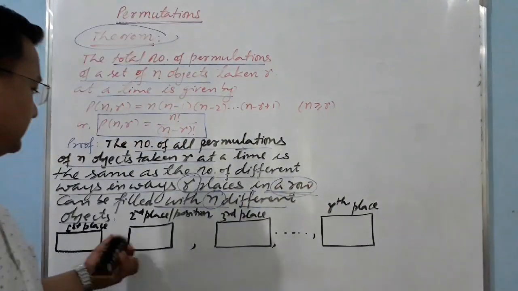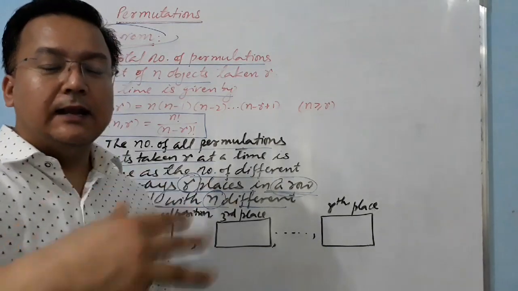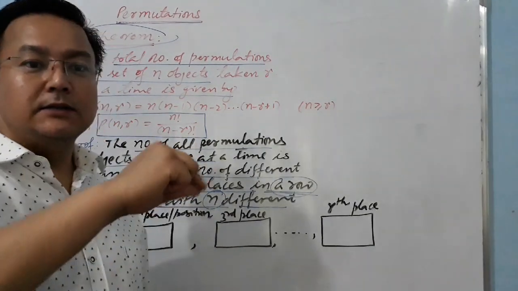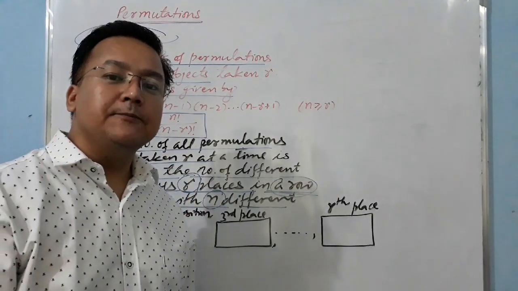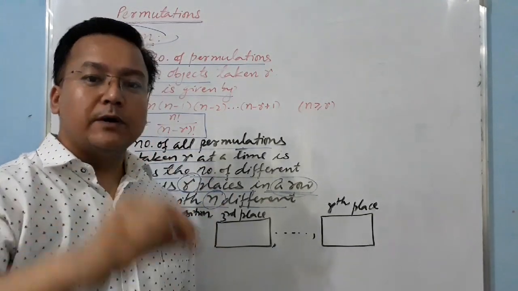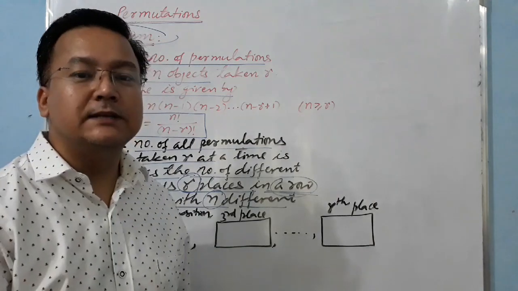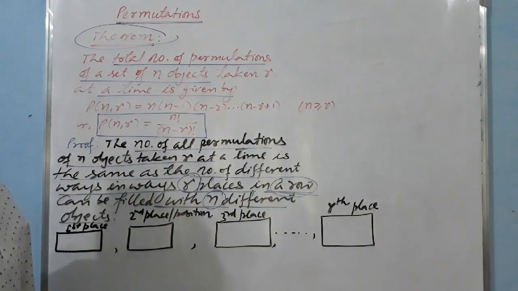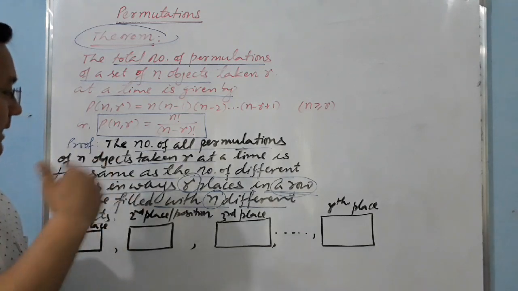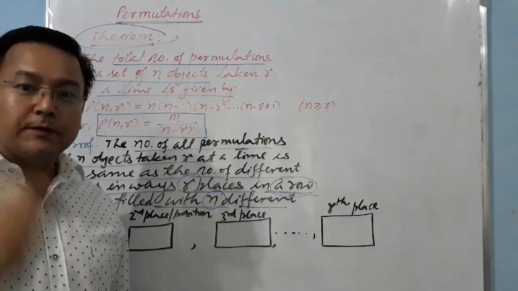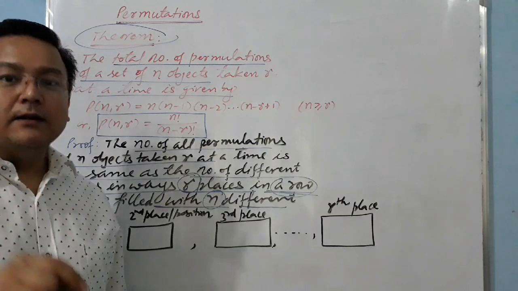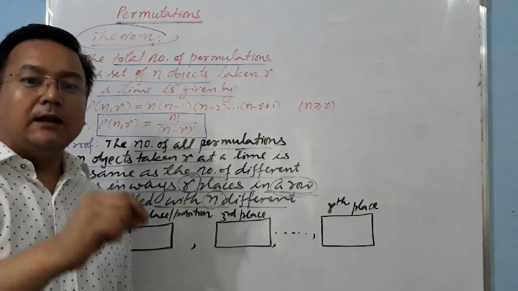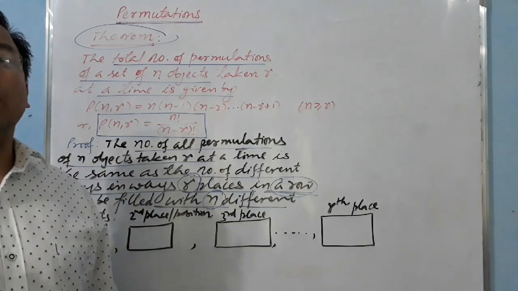Once again, let me recap this line: the total number of permutations of n objects taken r at a time is the same as the number of different arrangements in which r places can be filled up in a row by n objects.